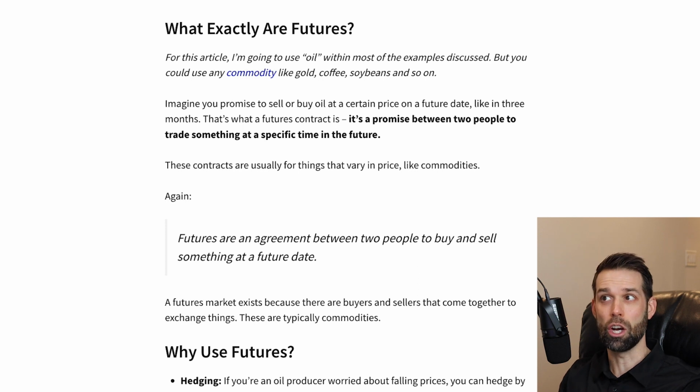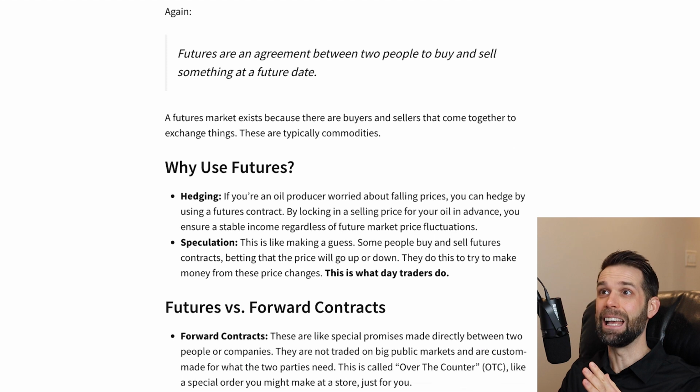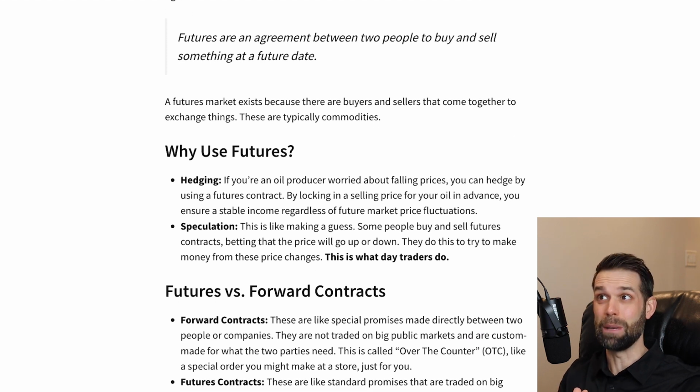And these contracts are usually for things that vary in prices, like commodities, so like oil. So futures are an agreement between two people. You and I agree to buy and sell something at a specific date. That is what a futures contract is.